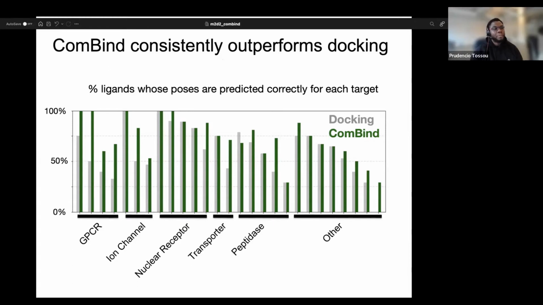I think there are a few things. Some things that can make combined struggle are related to the relative simplicity of how we're featurizing the interactions. Basically, we're just treating them in terms of hydrogen bonds, hydrophobic contacts, and salt bridges.